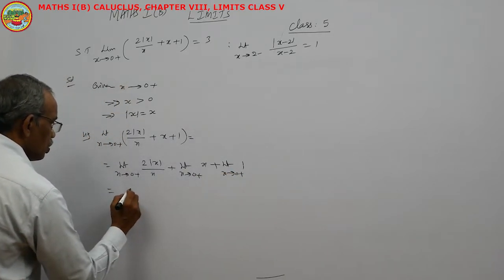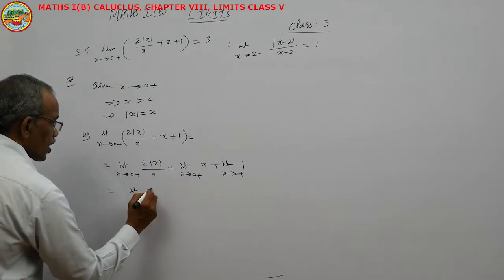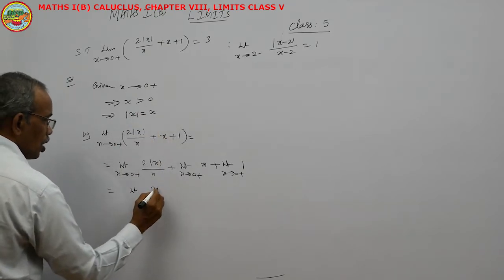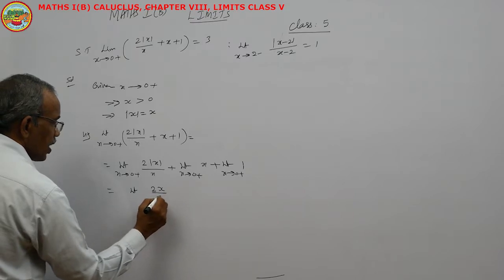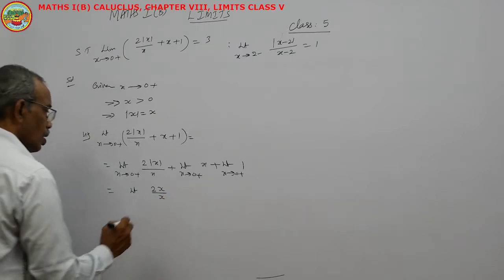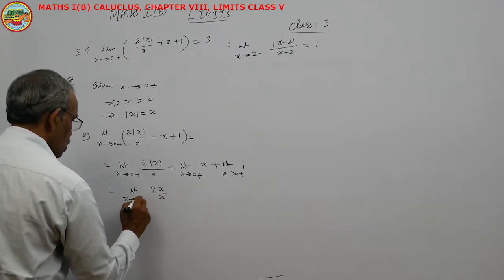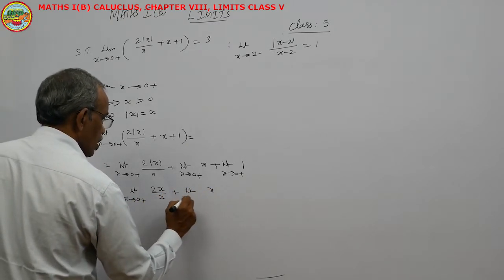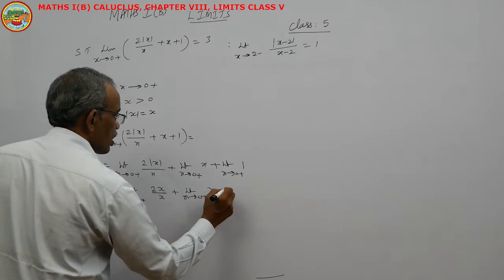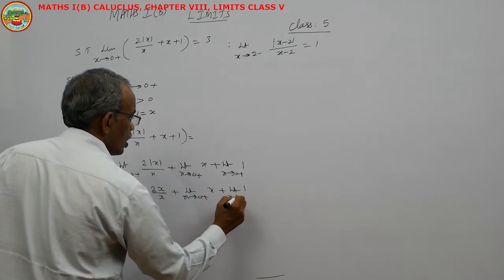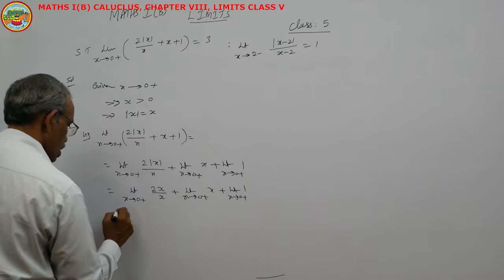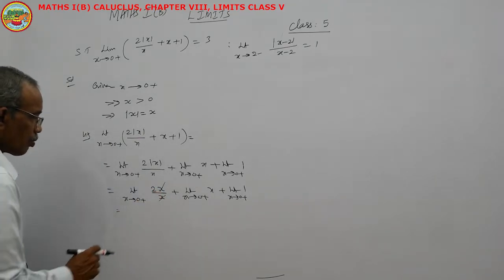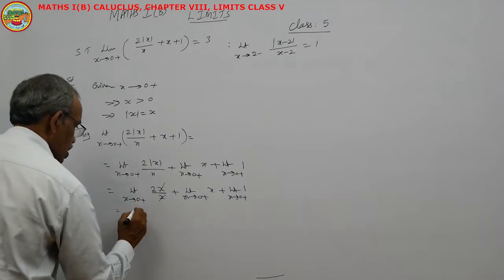Mod x means x. So this can be written as 2x by x, as x tends to 0 plus, plus the limit of 1 as x tends to 0 plus. 2x by x, the x cancels. Here we get the limit of 2 as x tends to 0 plus.